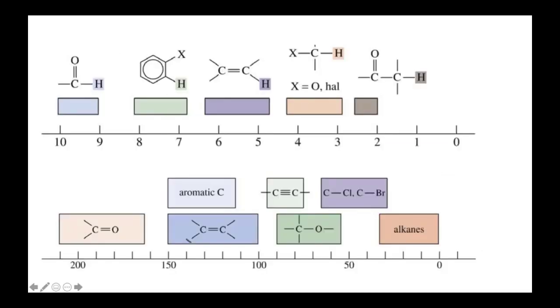The top picture here shows some of the common groups that you'll see in certain ranges of an HNMR spectrum. You're going to usually have sp3 carbons towards the upper right side of it. And then you're going to see carboxylic acids and aldehydes all the way downfield to 10.